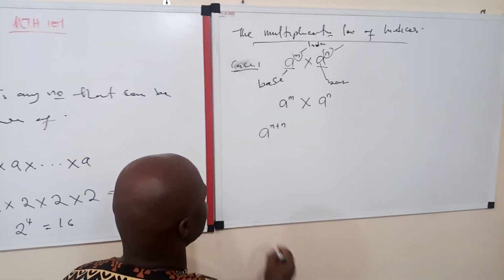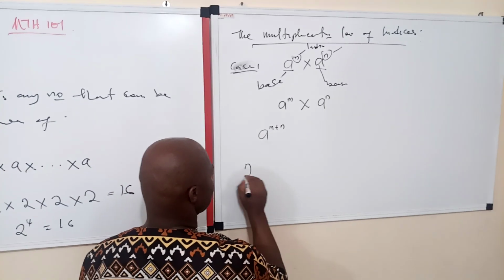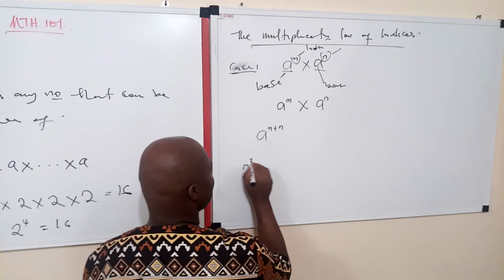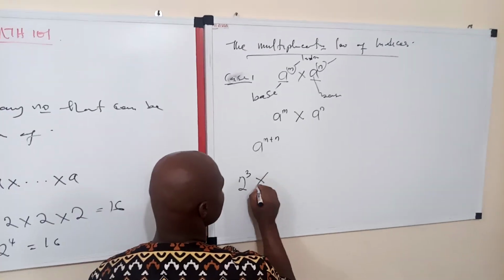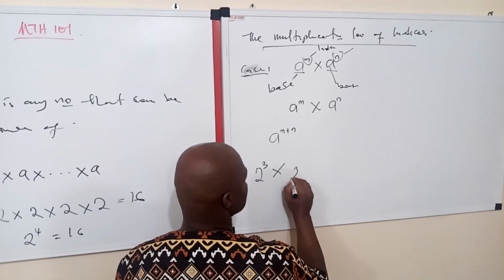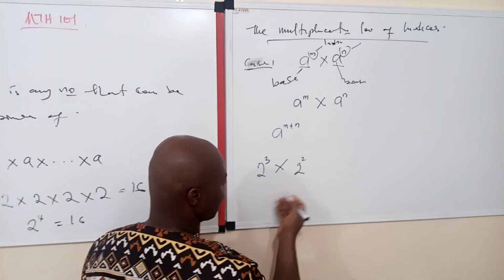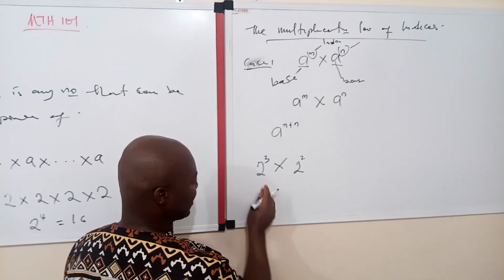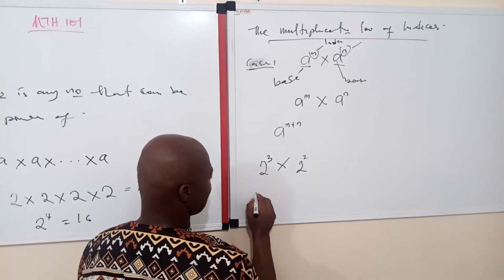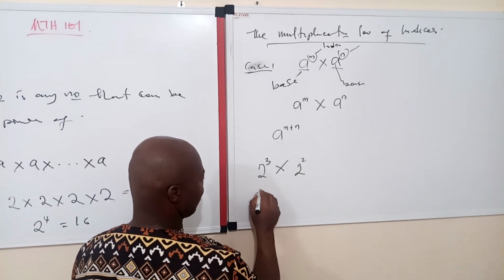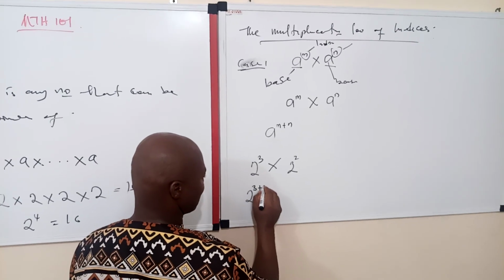Meaning, if we have, for instance, 2 to the power 3 times 2 to the power 2, what do we do? In indices, being that the bases are the same, we take one of it, then we add the powers.